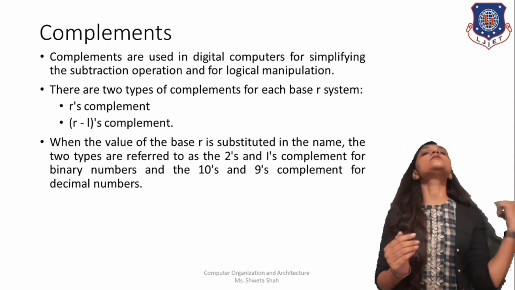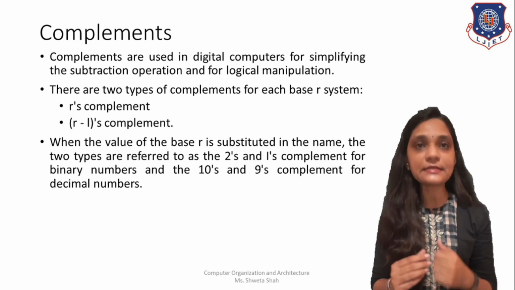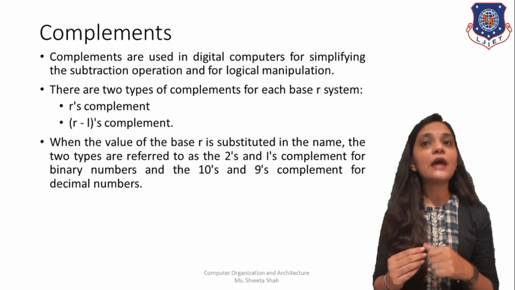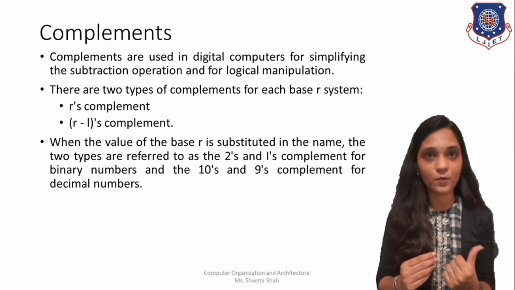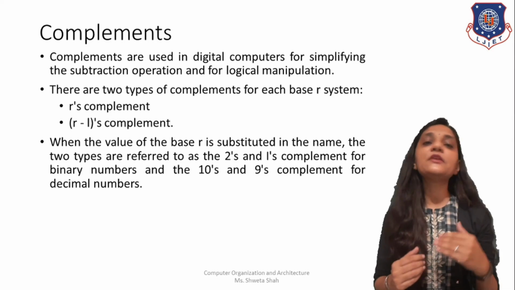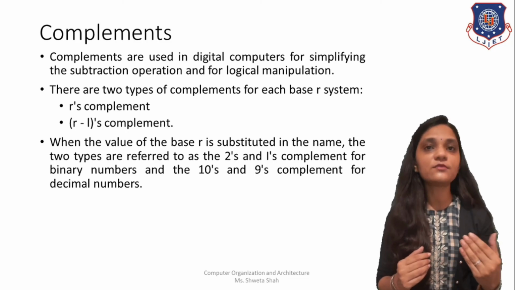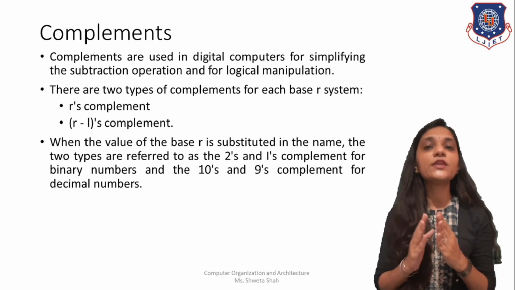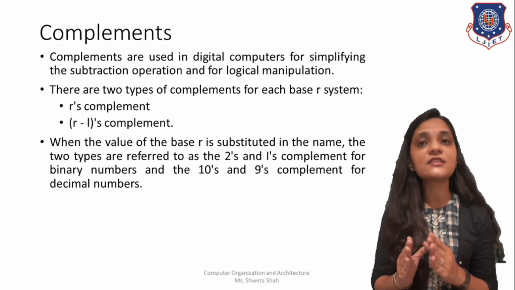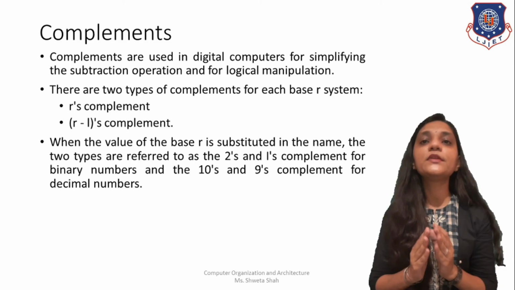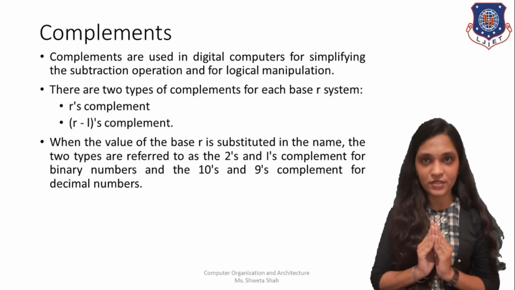The decimal number system, base 10, will have 10's complement and 10 minus 1, that is 9's complement. Similarly, for the octal number system you will have 8's complement and 7's complement, and for the hexadecimal number system you will have 16's complement and 15's complement.